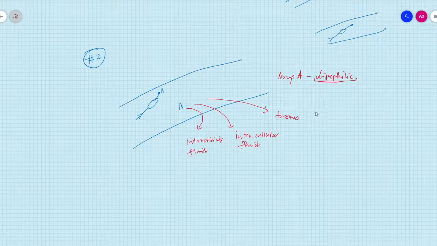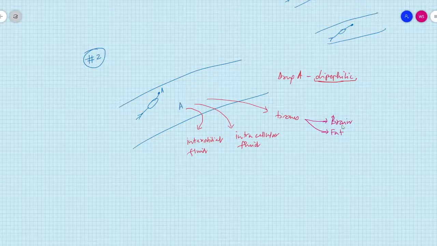Can we have examples of organs which have a high lipid content? Yes, very good. The organs with a high lipid content would be the brain and the fat tissues. So our lipophilic drug preferentially goes into the brain and the adipose tissue.